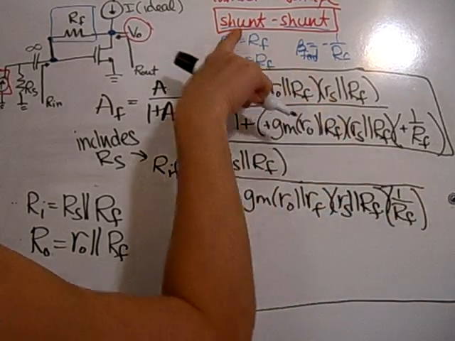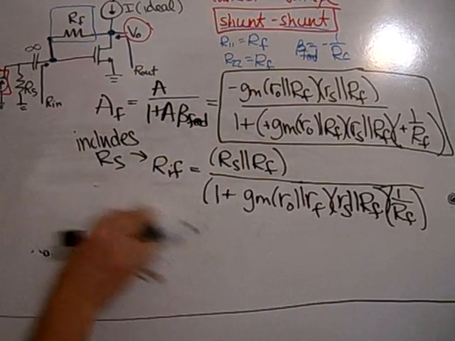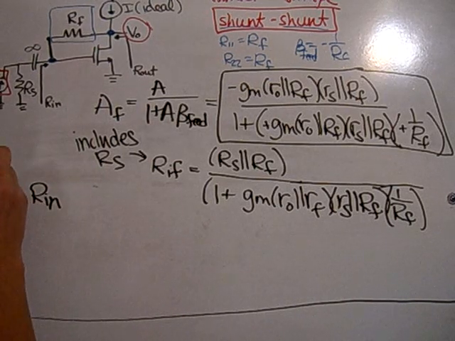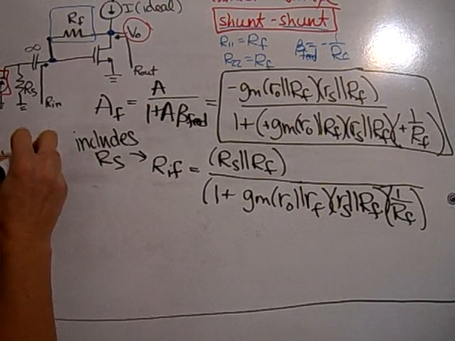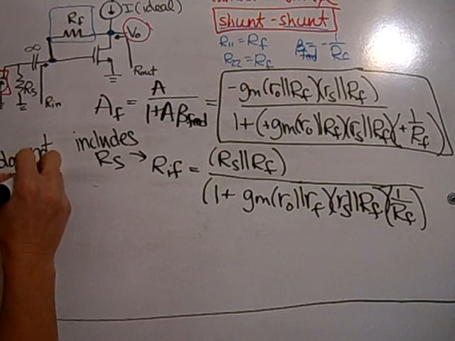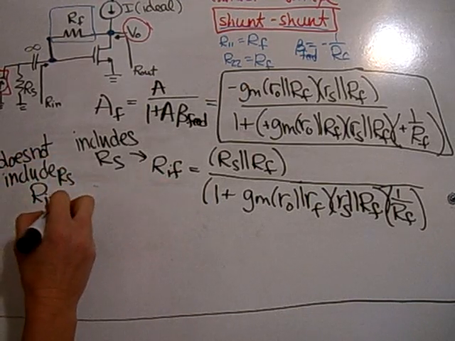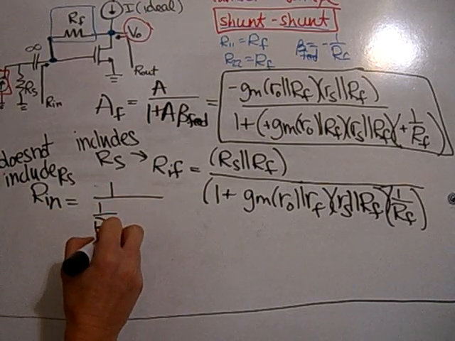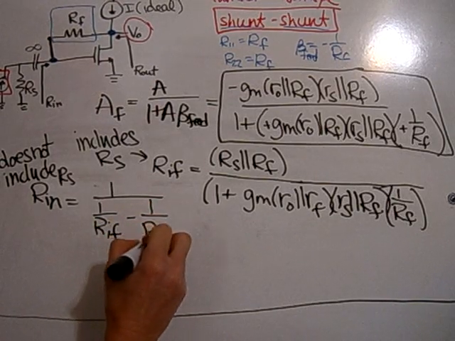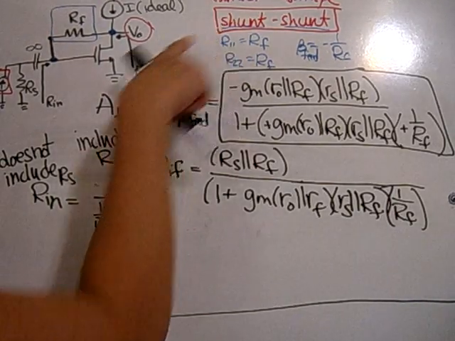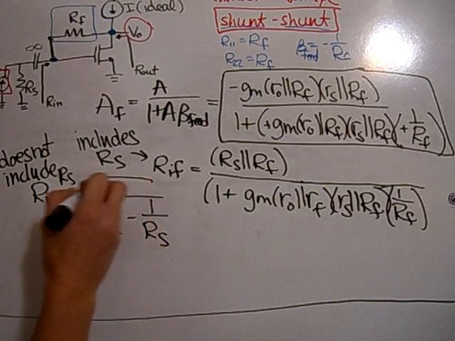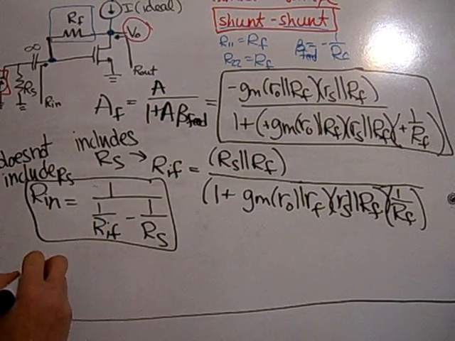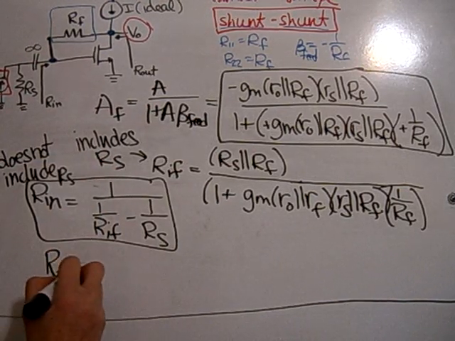So because this is a shunt type, to remove the RS, the term we used was RN, which does not include RS. We have to take this RIF, and it's usually easier to find the value itself, and subtract off the RS. Because it's in shunt, that means it's in parallel, so I'm going to have to take this in a parallel form.